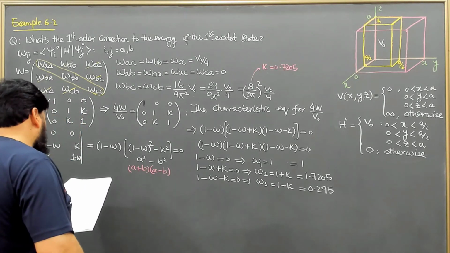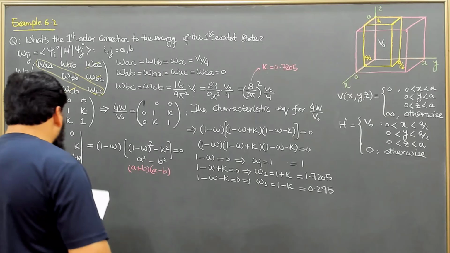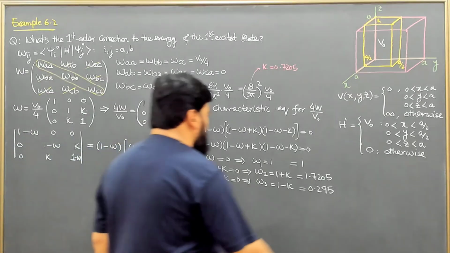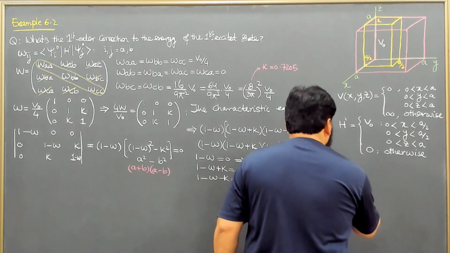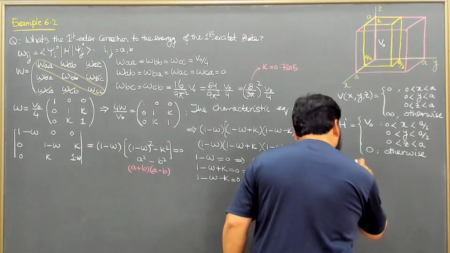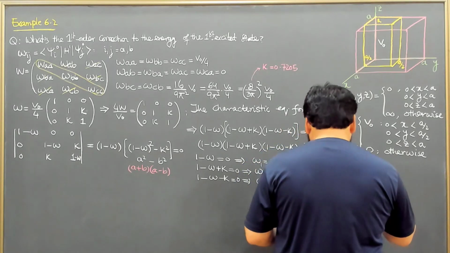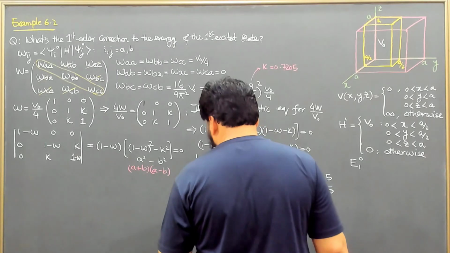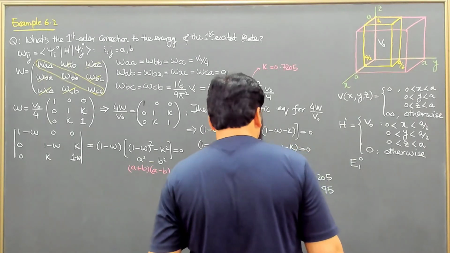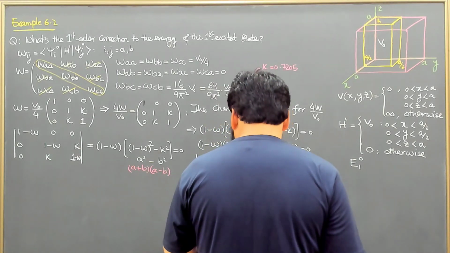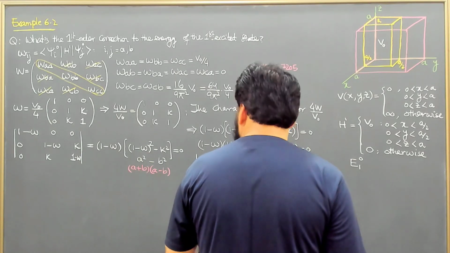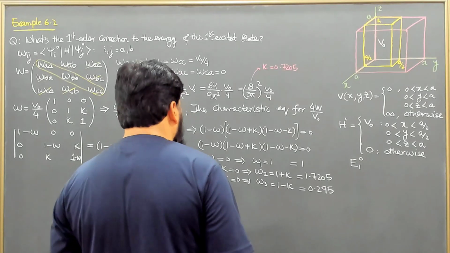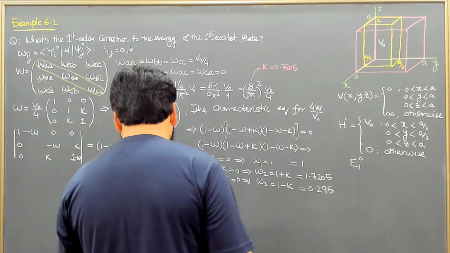So we basically got that the initial energy, which was E10, the first excited state energy, has now split into three different energies.